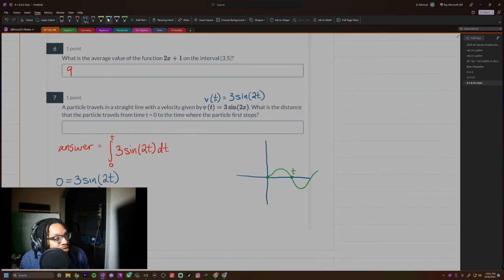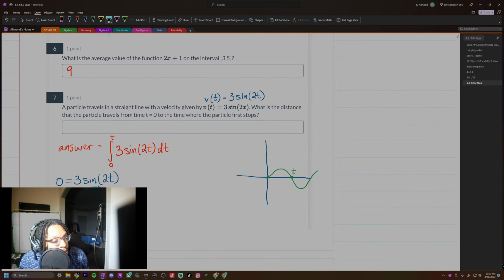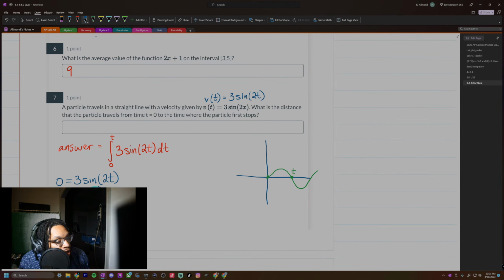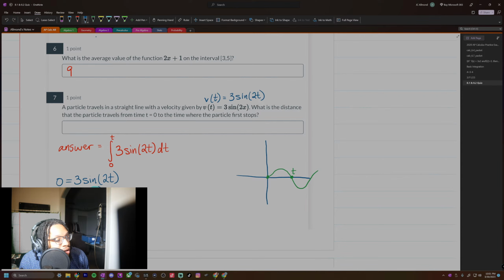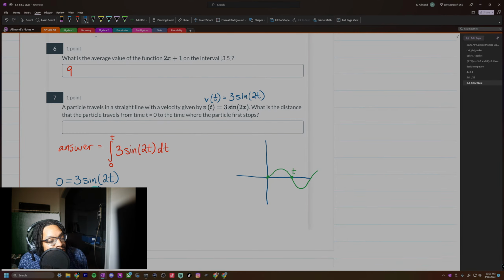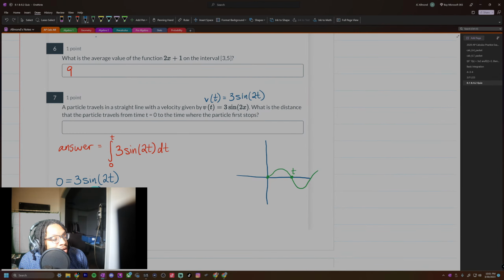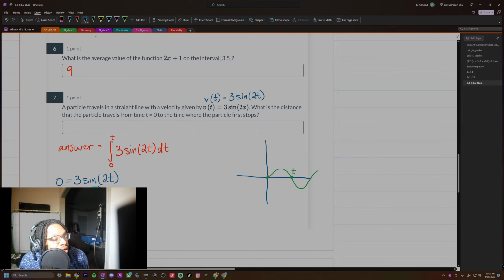So I need that stuff in parentheses to be equal to pi, because sine of pi would give me 0. So I need that 2t to be equal to pi, because if that were the case, then this would be a true statement. Sine of pi surely equals 0. If 2t is equal to pi, I can just divide by 2 on both sides and get that t equals pi over 2.